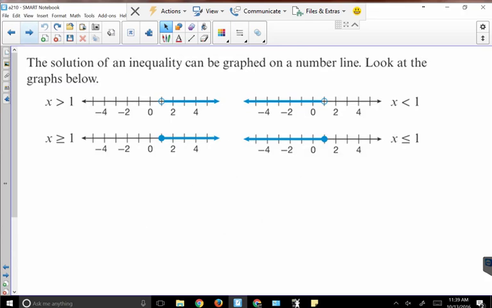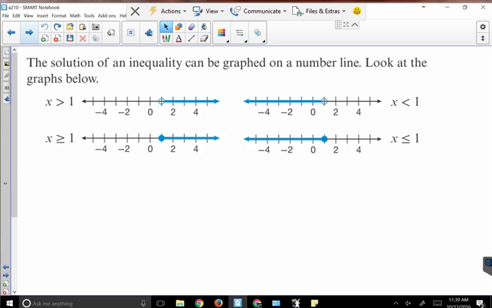Now, there is something new that I want to show you. This is coming out in a lot of the newer textbooks, ACT tests, PSAT tests, and those type of things. They're not going to have the little open circle or the closed circle.